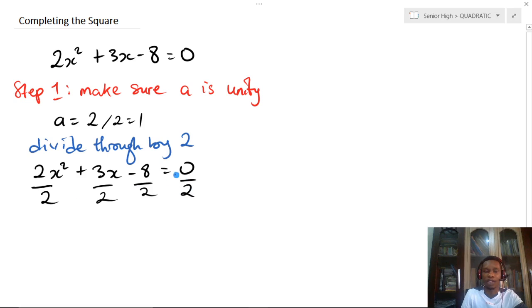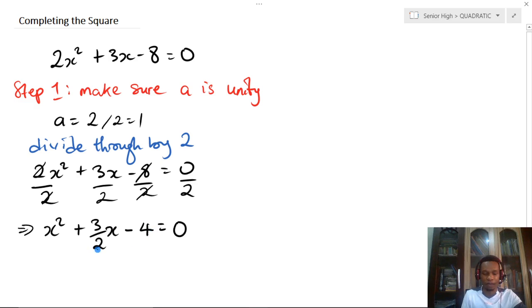It is going for all sides. Therefore, 2 can cancel out 2 here, 3 cannot cancel out 2, but 8 can cancel out 2, and here becomes 4. So what do we have? Our new equation gives us x squared plus 3 over 2x minus 4 is equal to 0, because 0 over 2 is 0.